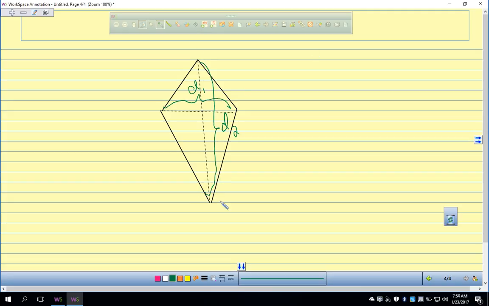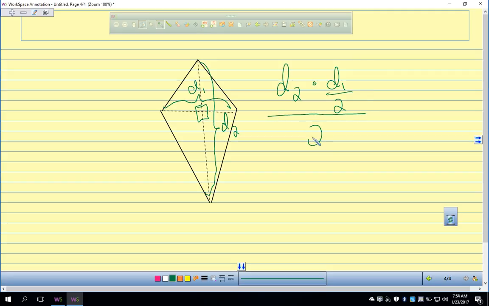How can I find the area of one of these triangles right here? What do you know about the diagonals of a kite? What about this angle right here? It's a 90-degree angle, right? So if I were to find the area of one of these triangles, it would be D2 times half of D1. Then what do I have to do for a triangle?